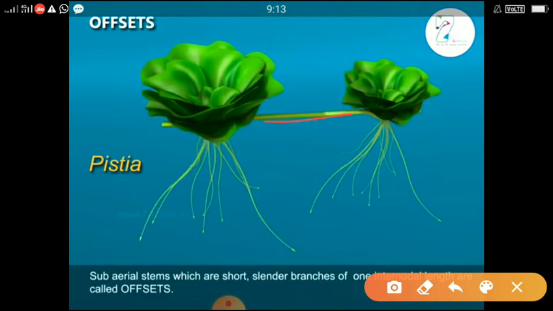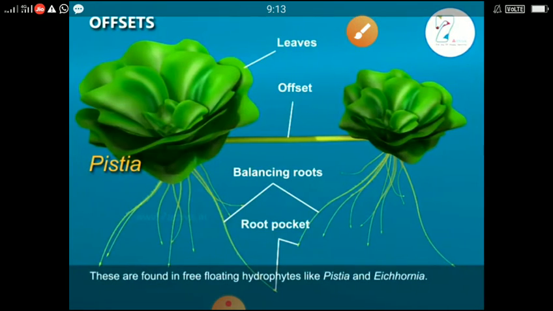The length of these branches is one internodal length. So we can call them offsets. These are found in free-floating hydrophytes like Pistia and Eichhornia. Eichhornia, otherwise, we can call water hyacinth.